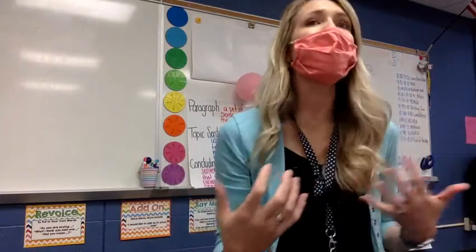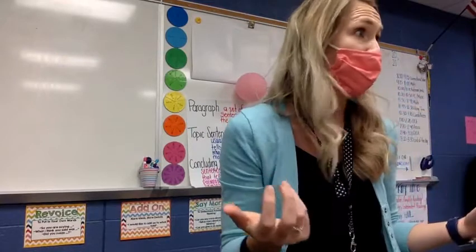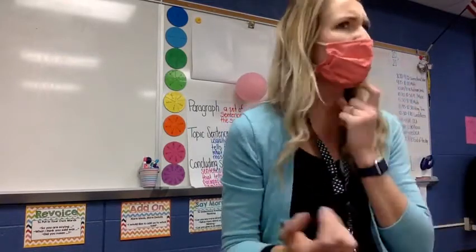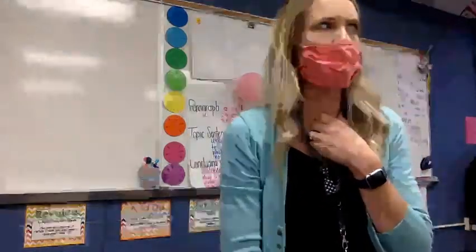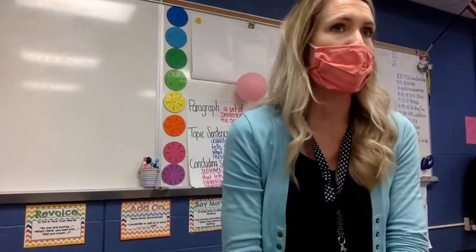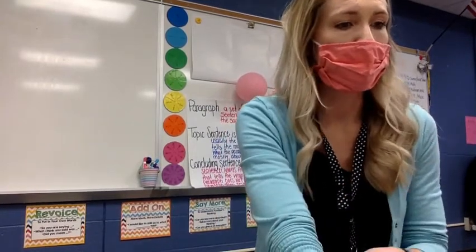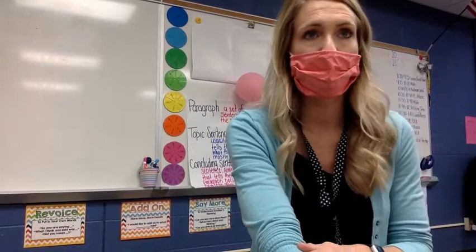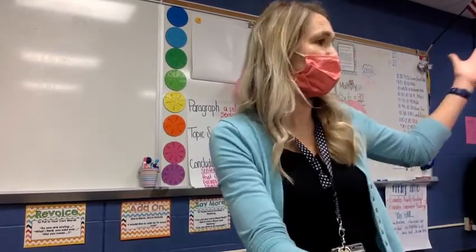So what we like to do when we're looking at irrelevant sentences is decide what the whole paragraph is supposed to be about. What can help you figure out what the whole paragraph should be about? Try and whisper to your neighbor, what could help you? What could we look at, guys?